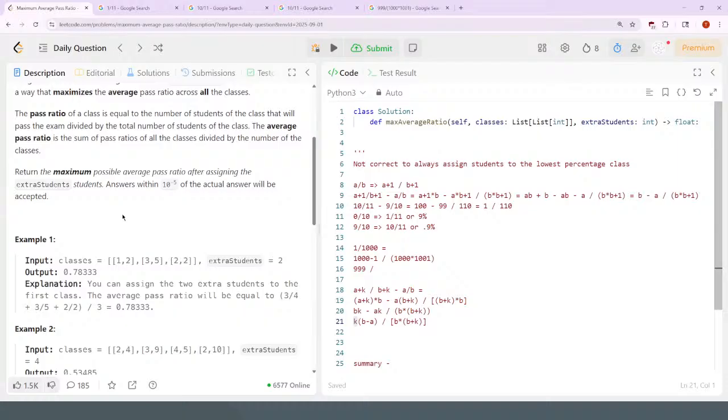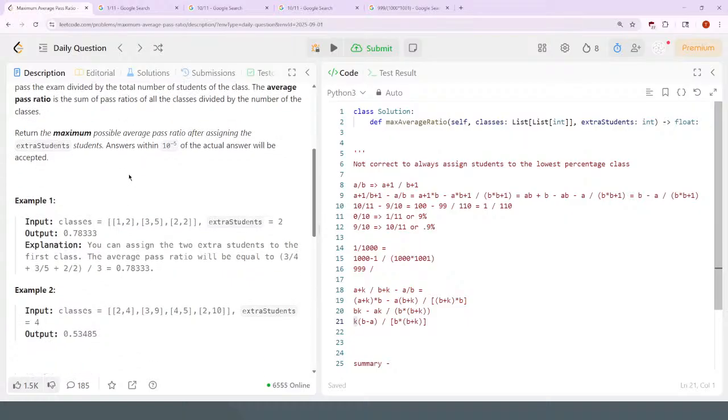Yeah, I don't think binary search would be correct here, because the optimal way of increasing things is not necessarily just to get everything to be the same ratio.